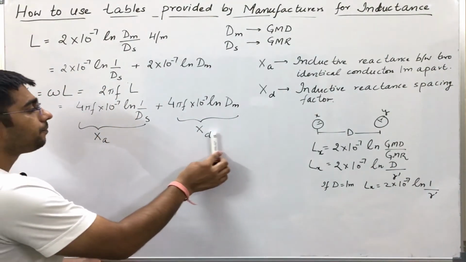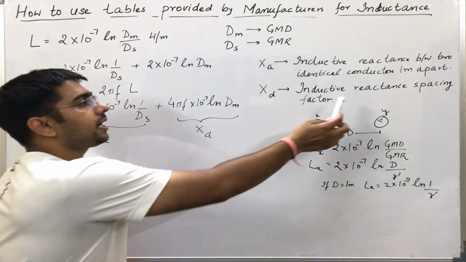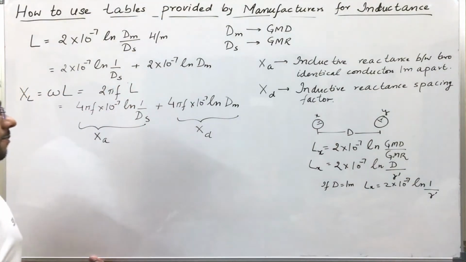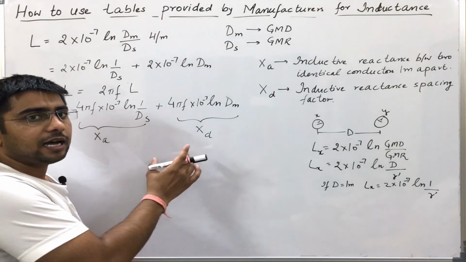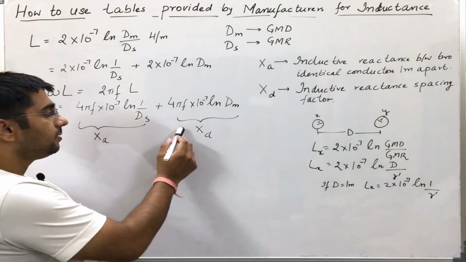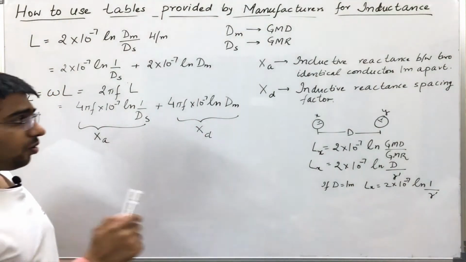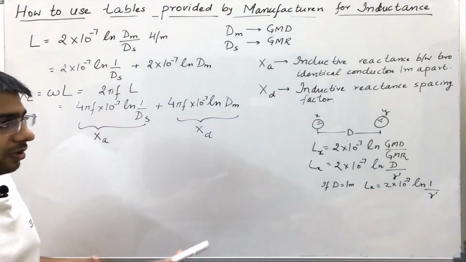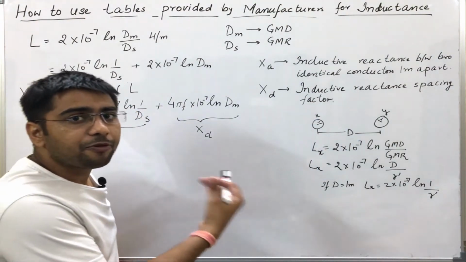The other term Xd is known as the inductive reactance spacing factor. When we are given that the conductors are, let us say, x meter apart, then this term comes into play. As we have already seen, this Dm does not depend upon the type of conductor.